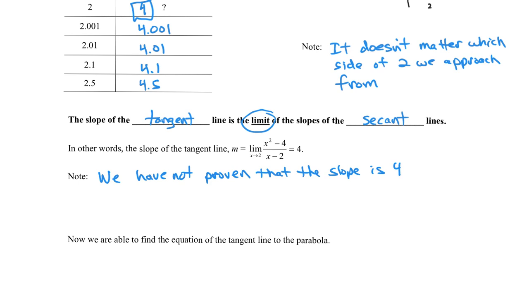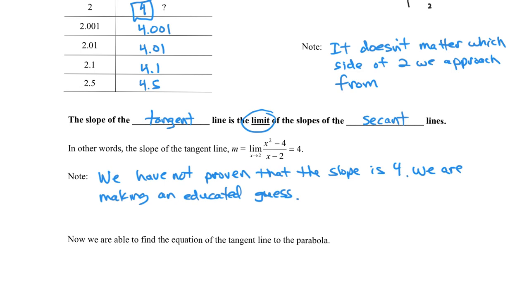But at this point, we're making an educated guess. We're doing that because that's all we've got. We don't know calculus yet. We just know algebra. So we're using algebra and basically making an educated guess.